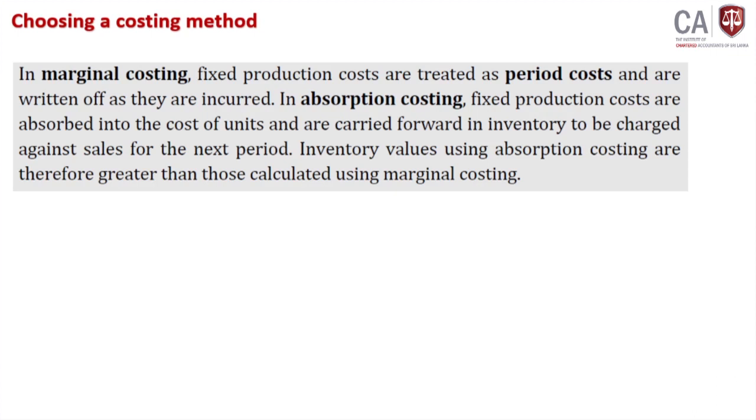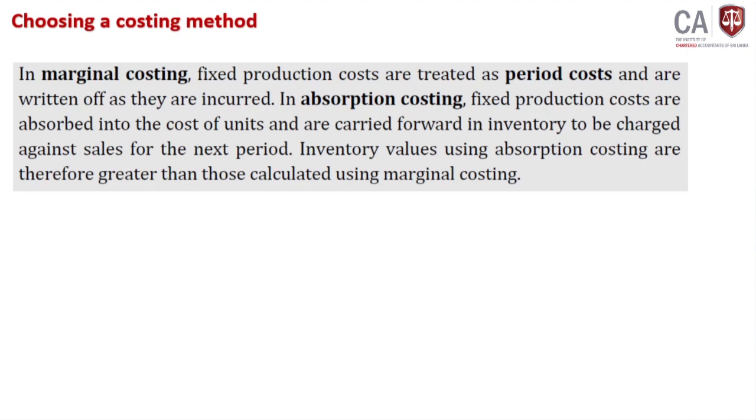In marginal costing, we consider fixed production cost as a period cost, which means when activity level changes, fixed cost will not be absorbed into each and every activity. We consider fixed cost as a periodic cost, which means you will charge it to the relevant period, not to the relevant unit of output.